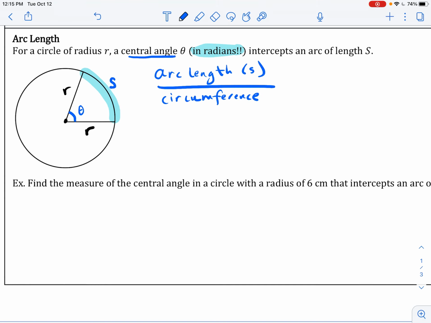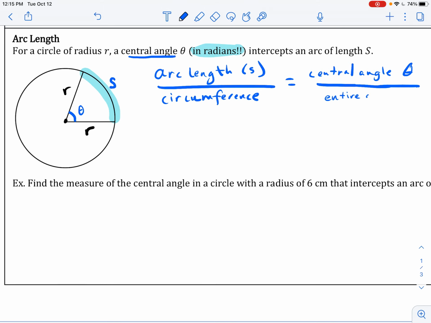Whatever the entire circumference of the circle is, the arc length is a certain ratio or fraction of that. And that is proportional to our central angle, which we often denote as theta, with respect to the entire angle measure of the entire circle.